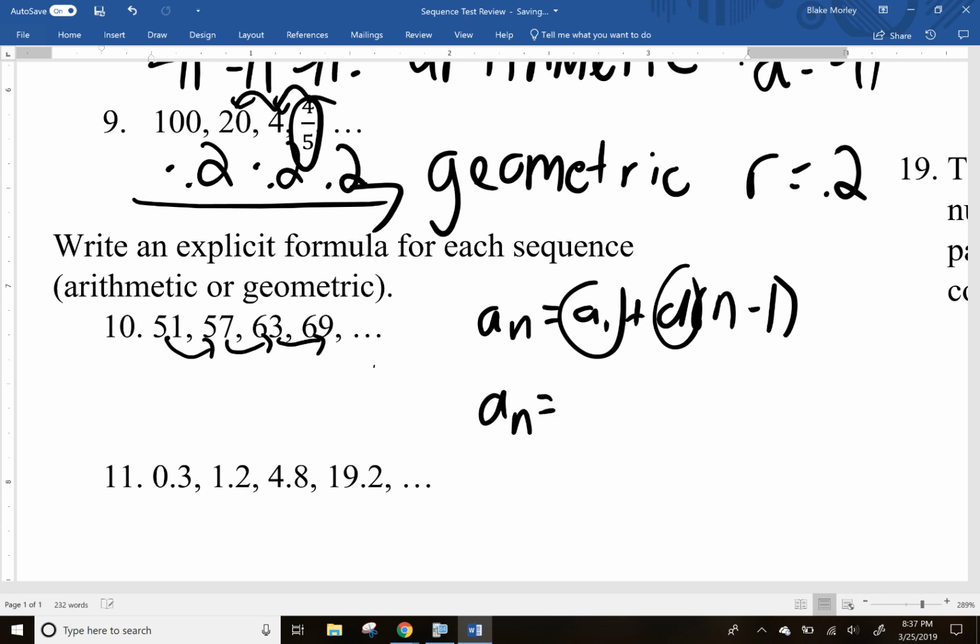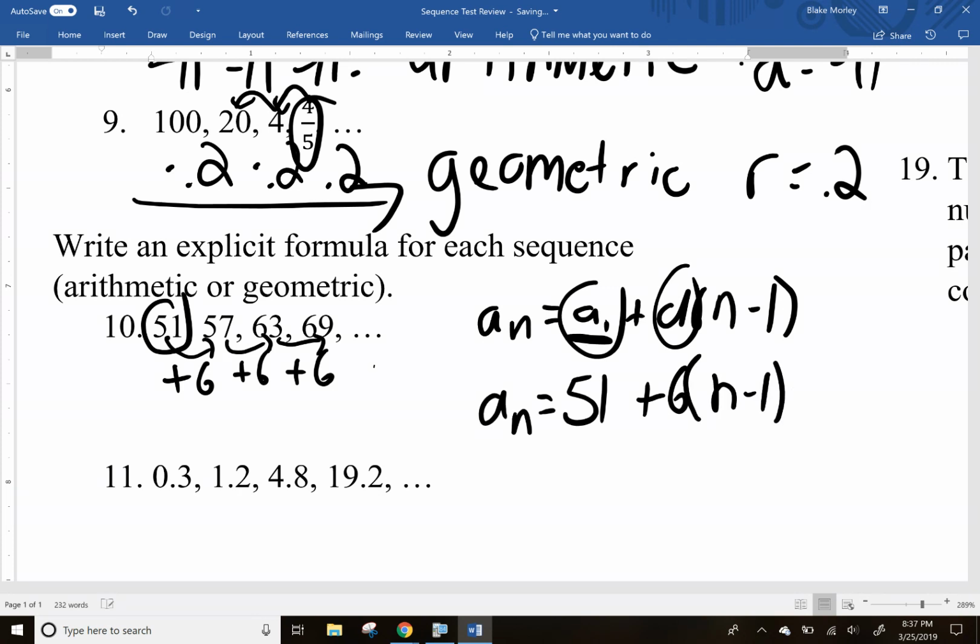The first term is 51, so 51 will go right there for the first term. And now everything here is adding 6, plus 6, plus 6, plus 6. So that's the number I'm going to put where D is. And then I'm going to have that parenthesis n minus 1. That's just part of the formula. It's just these two numbers that we need.